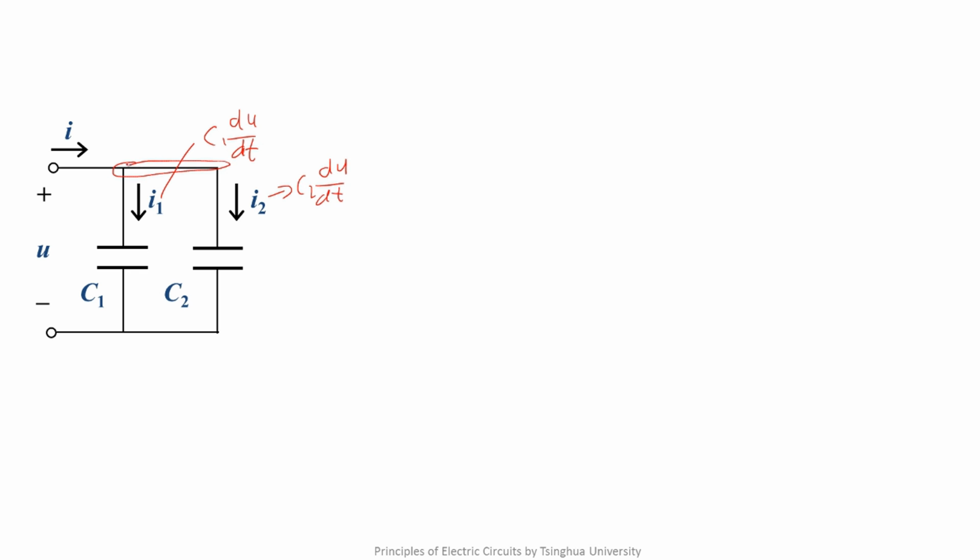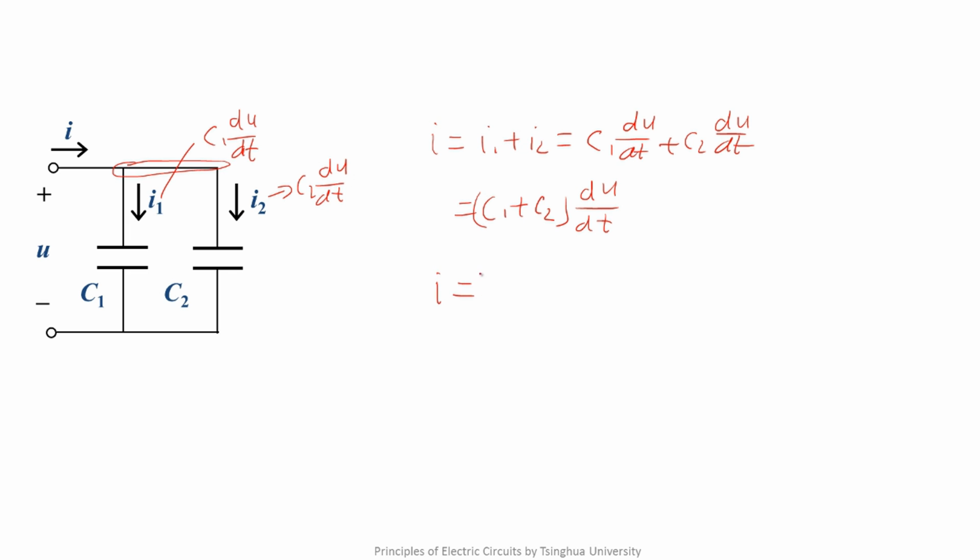Applying KCL on this node, we get i equals i1 plus i2, which equals C1 times du/dt plus C2 times du/dt, equal to (C1 plus C2) times du/dt. So it is written in the form of i equals Ceq times du/dt, where the coefficient is Ceq.